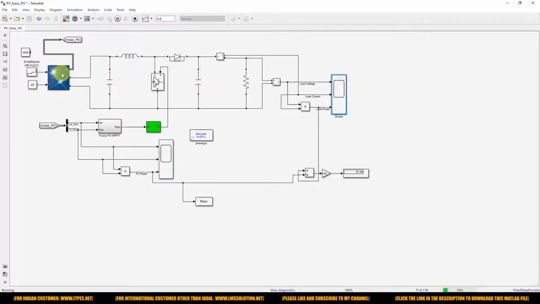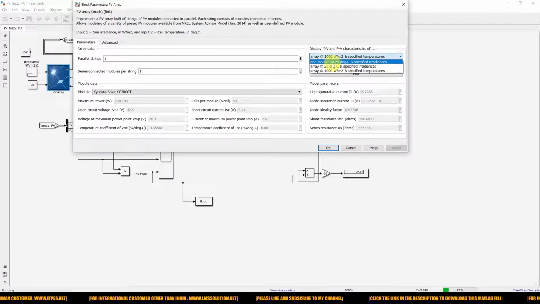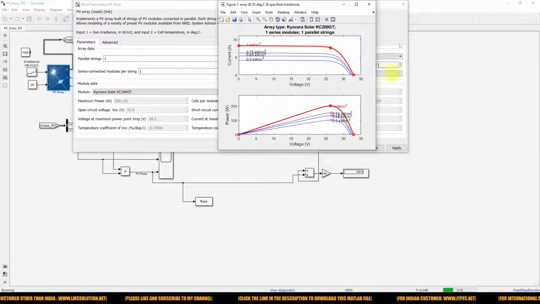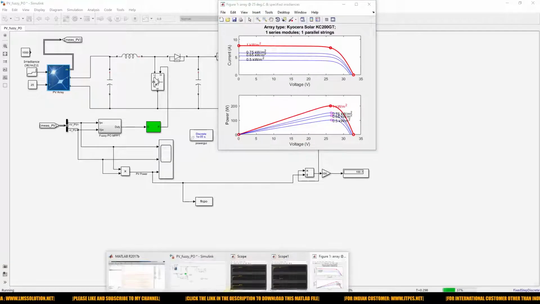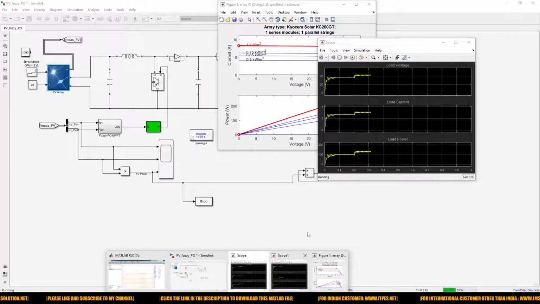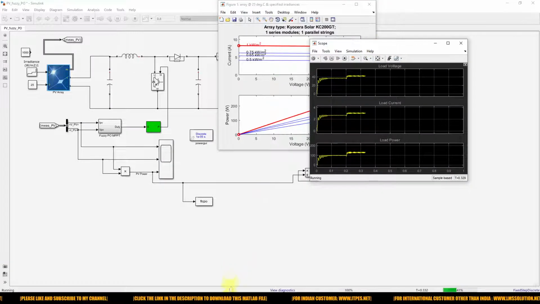I'm also going to open these PV characteristics: 1000, 750, 650 and 500. You will check this with these values.